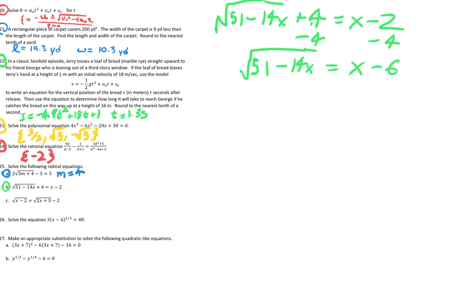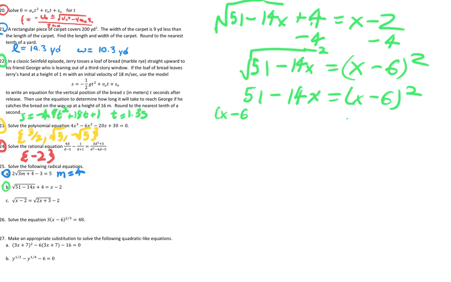So next we want to square both sides to get rid of that radical. So 51 minus 14x is equal to (x minus 6) squared. So we want to FOIL out that x minus 6. So x minus 6 times x minus 6.